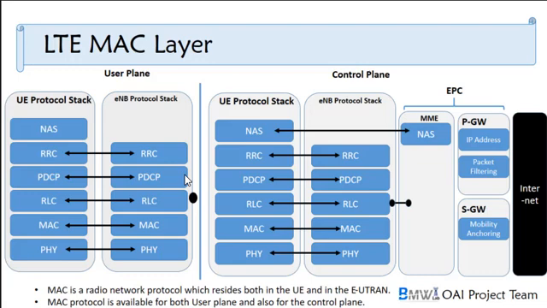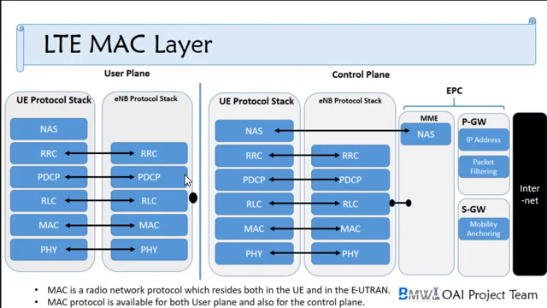If you transmit data from the UE to the eNode B, it is called uplink. The UE is a user equipment like a phone, and the eNode B is like a base station. If you receive data from the eNode B, it means you get downlink data.